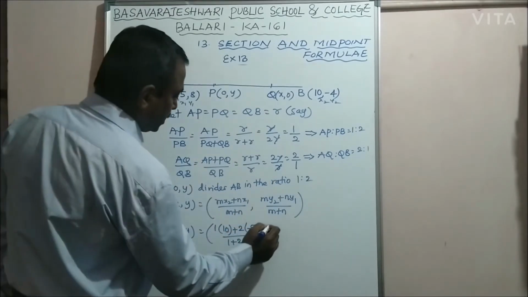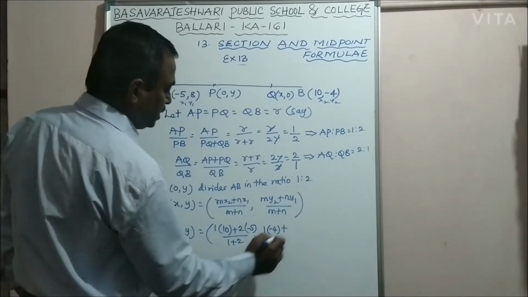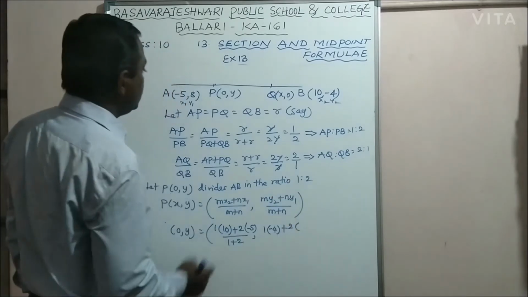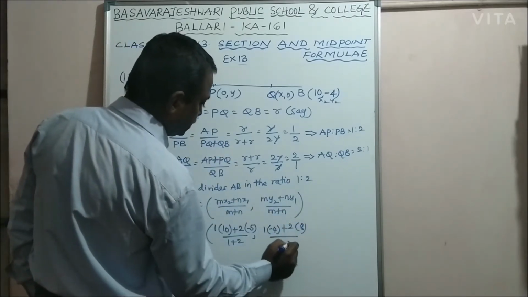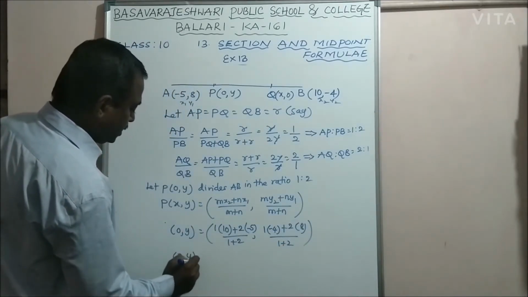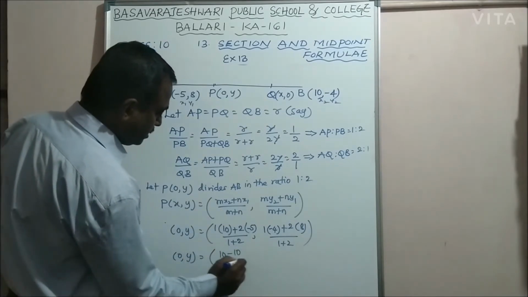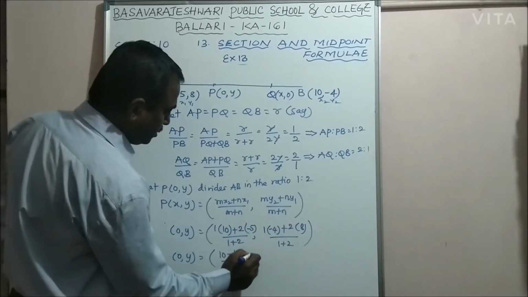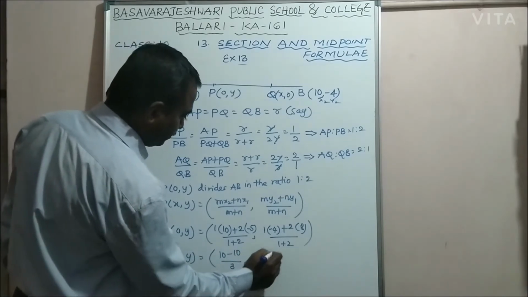M means 1, y2 means minus 4, plus n means 2, y1 means 8, by 1 plus 2. 0, y is equal to 10 minus 10 by 3, minus 4 plus 16 by 3.